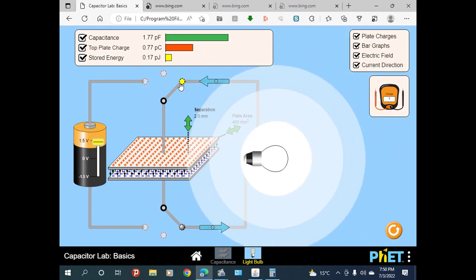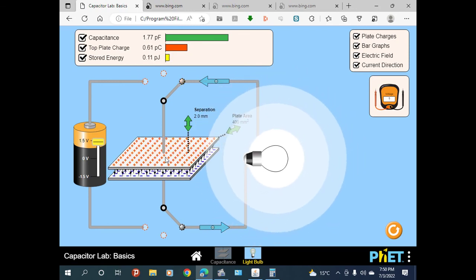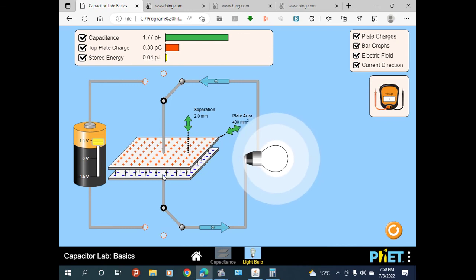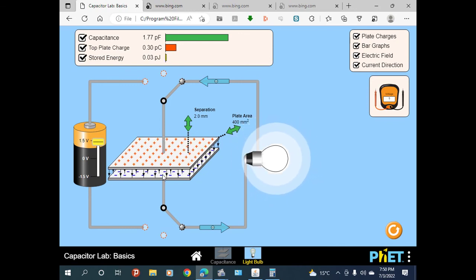Just like here, it is the discharging of a capacitor. The energy is dissipating to nearly 0 joule, 0 picojoule.